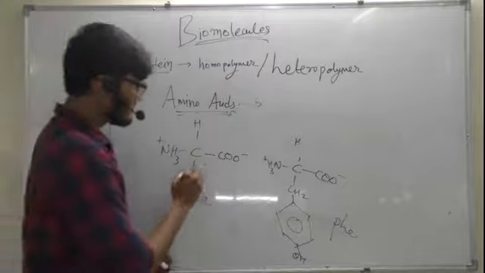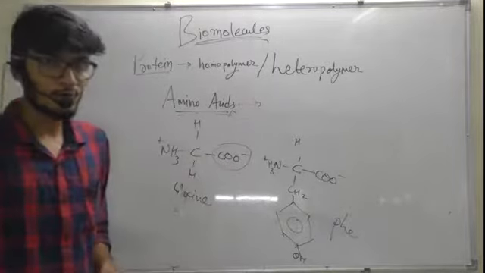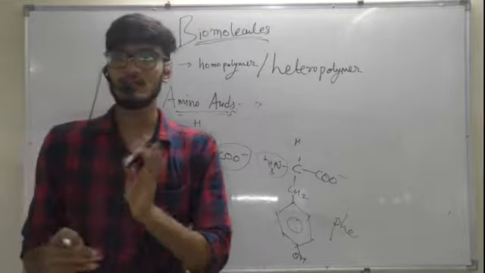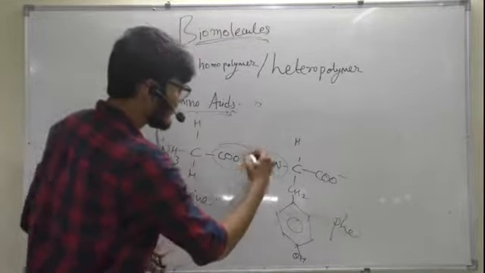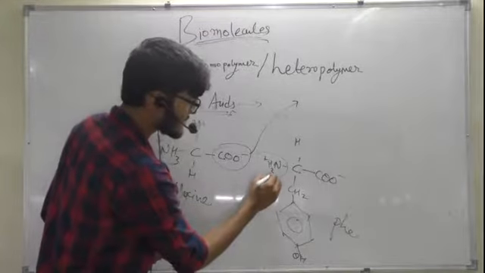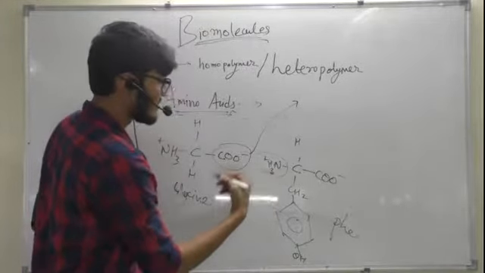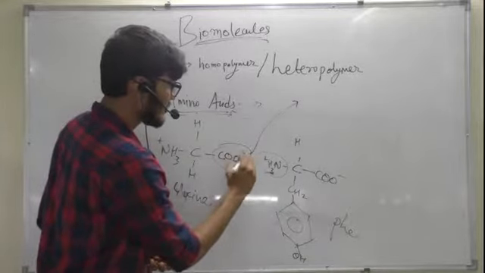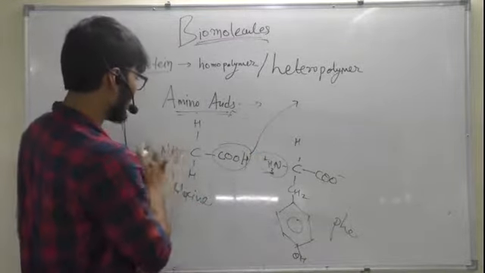Now when this carboxyl group and this amino group react with each other, they will release an H2O, a water molecule. So one H from here, in the form of COOH, and here it will be NH2.